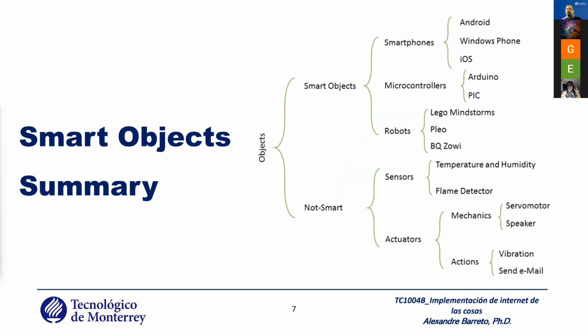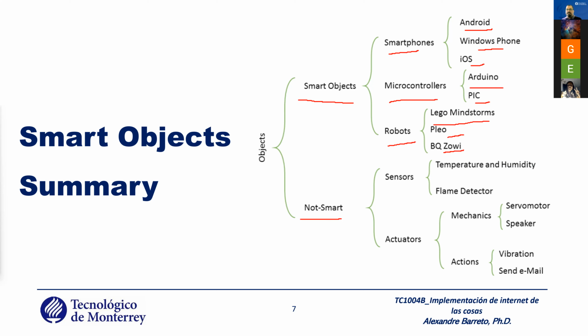This graph is very good because it shows what is a smart object and what is not smart. A smart object is a smartphone, microcontroller, robots. For example, for smartphone you have Android, Windows, iOS. Microcontroller you have Arduino, PIC. Robots you have Lego and others.